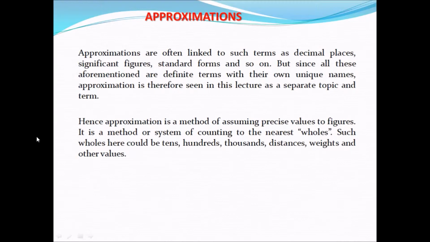It is a method or system of counting to the nearest wholes. Such wholes here could be tens, hundreds, thousands, distance, weights, and other values. So we're going to be seeing where we are asked to approximate to the nearest hundreds, to the nearest tens, as against the normal approximate to two significant figures or three decimal places, which are very common.